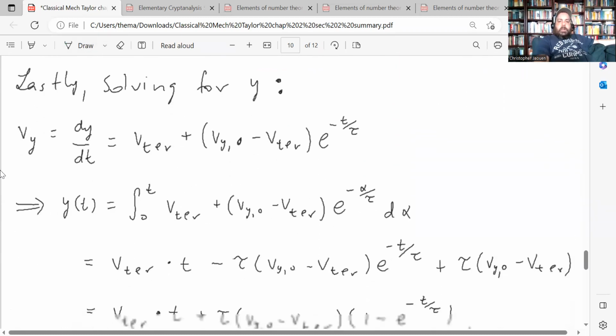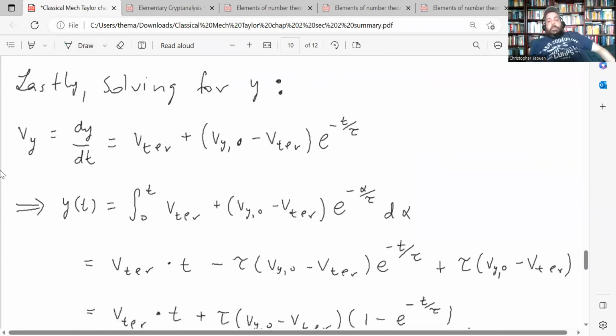And lastly, we can solve for the vertical position of the object by integrating. Vy is the same thing as dy dt, which is equal to this when you integrate. Vy is v terminal plus v sub y comma 0 minus v terminal times e to the negative t over tau.